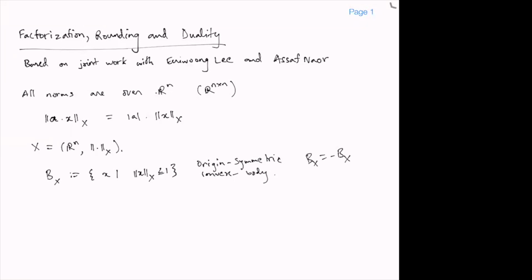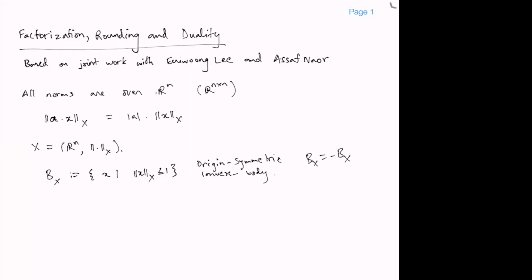By origin symmetric, I mean B_X is equal to negative B_X. And there is this well-known correspondence between origin symmetric convex bodies and norms. Every norm corresponds to an origin symmetric convex body and vice versa. The way to go from a norm to a body is by taking the unit ball.